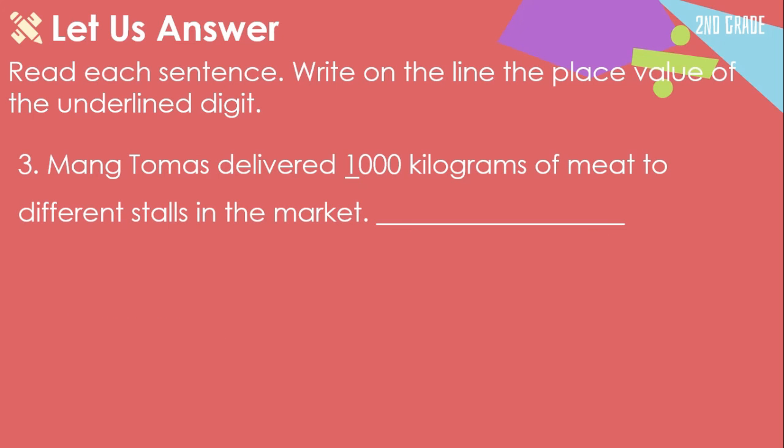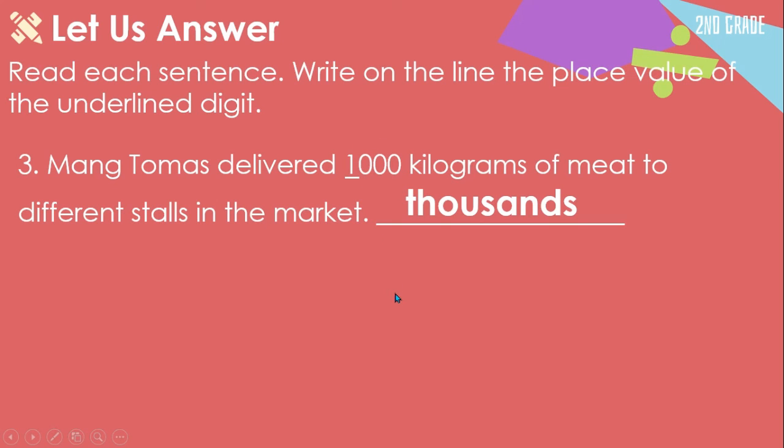For number 3, Mang Tomas delivered 1,000 kilograms of meat to different stalls in the market. The underlined digit is 1. What is the place value of 1? Very good. It's thousands. Why thousands? It's because we have 4 digits already.